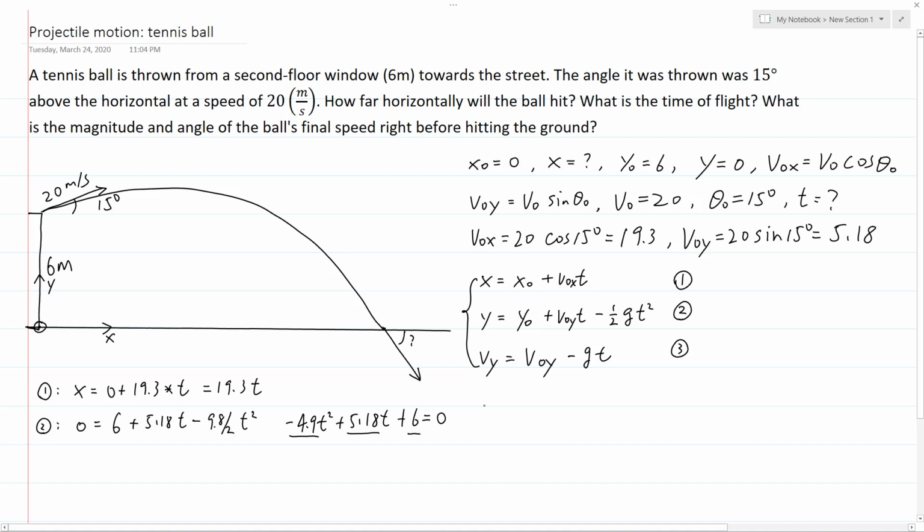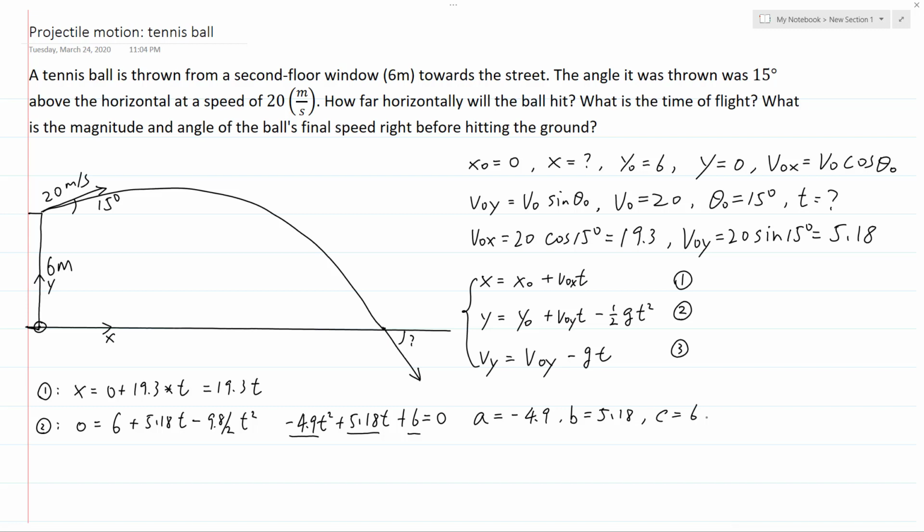Alright, so let's just have some notes here. A is equal to minus 4.9, B is equal to 5.18, and C is equal to 6. So you probably recall that the solution is t equals 1 over 2a, times parentheses minus b plus or minus square root of b squared minus 4ac.